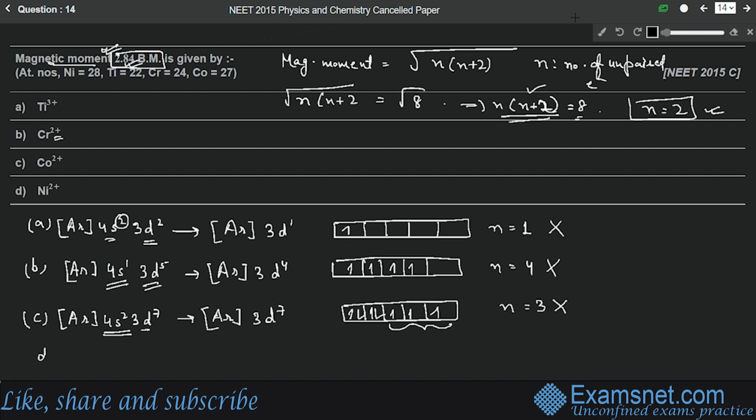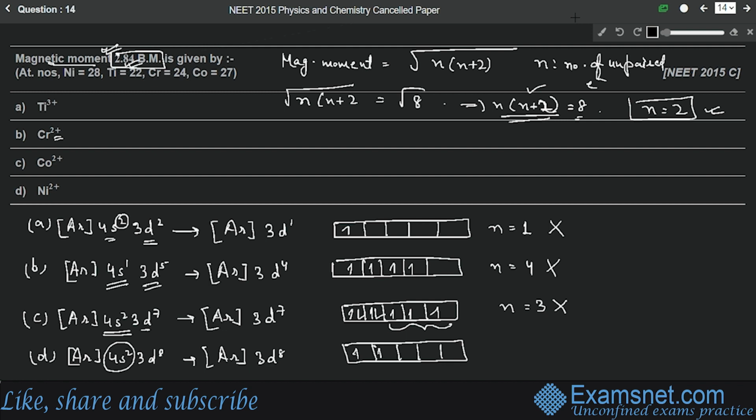Now only one is left, that is nickel 2 plus. We know that the electronic configuration of nickel is argon, 4s2, 3d8. Now this is 2 plus, that means 2 electrons have been removed from the 4s. So what is left? Argon and then 3d8. Here we have 5 d orbitals, 1, 2, 3, 4, 5. 8 electrons have to be filled.